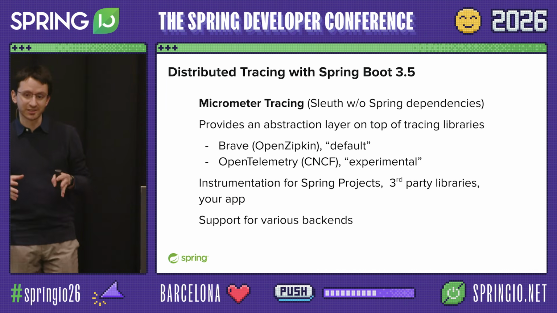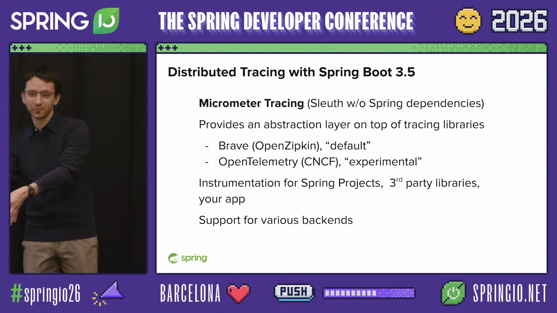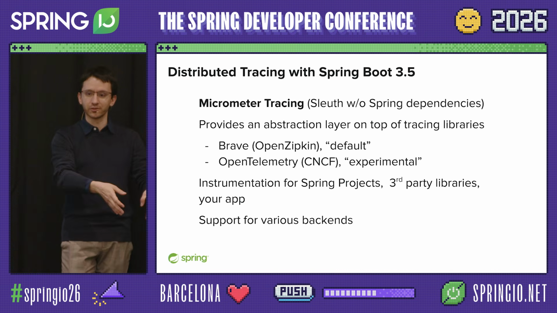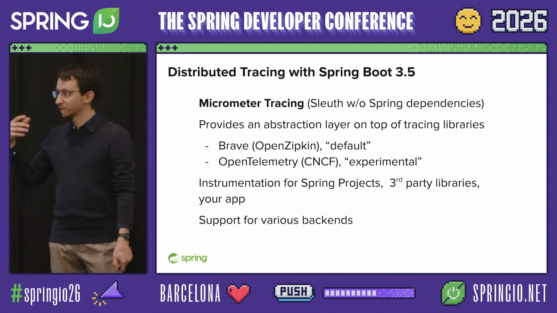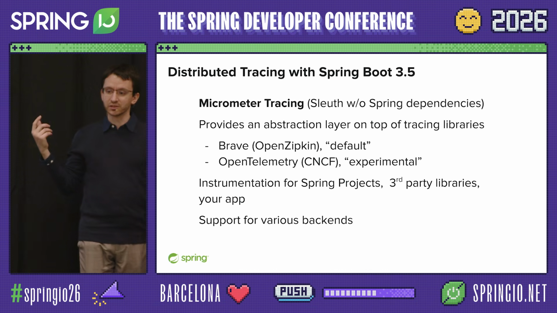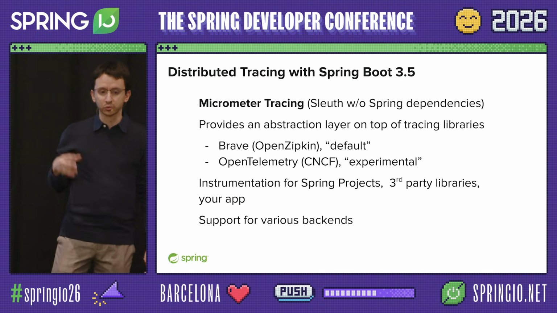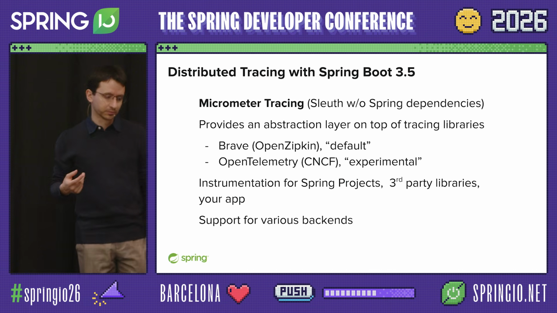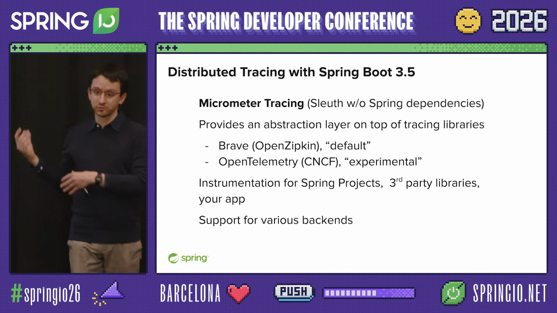Micrometer Tracing was born by copying the code base of Sleuth and putting it under the Micrometer umbrella without the Spring parts. Spring Cloud Sleuth has dependencies on Spring Cloud and Spring Boot. Micrometer Tracing does not. You can use Micrometer Tracing with any JVM application. You don't need to use Spring if you don't want to. Other than that, and we renamed the package, it's the same.